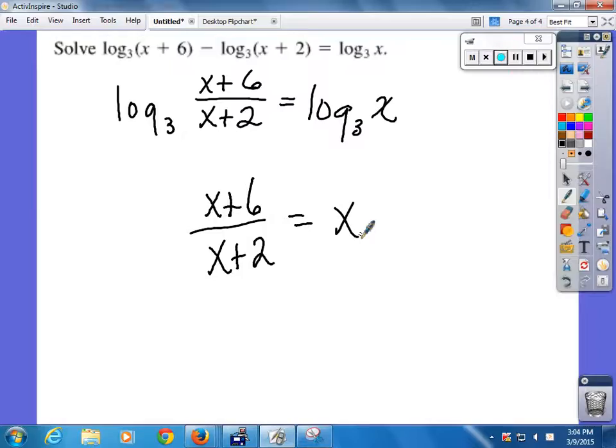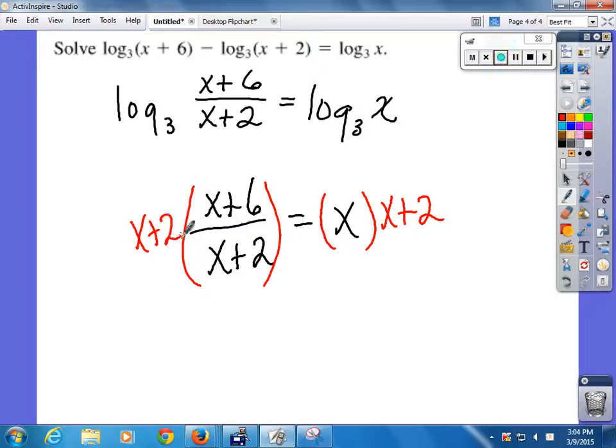Multiply both sides by what? Anytime you want to clear a fraction, you multiply both sides by the denominator. So multiply both sides by x plus 2. And then you get x plus 6, x squared, x times x, and x times 2.